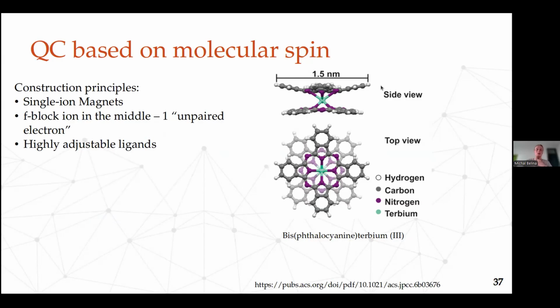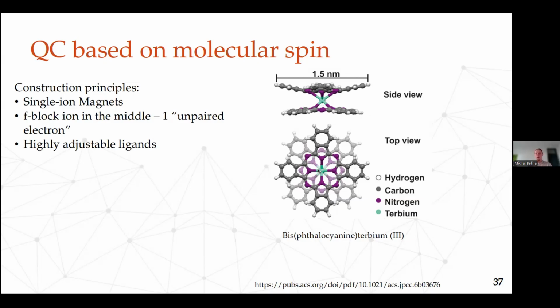To create this, you take an element from the F block of the periodic table and put it in the center, or you take an ion, and then around it you put some ligand fields, or other, possibly organic molecules, that create a complex structure with this heavy ion.